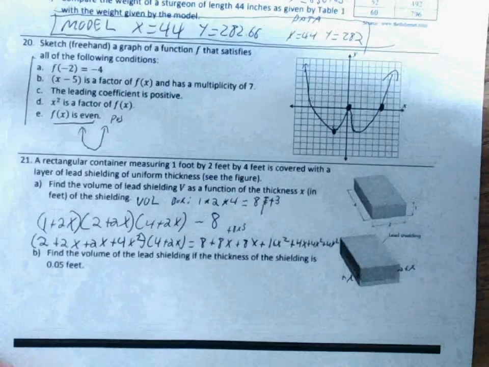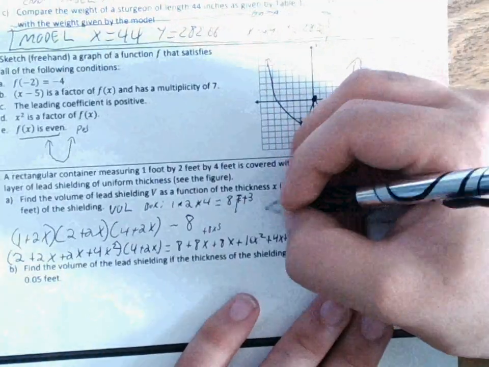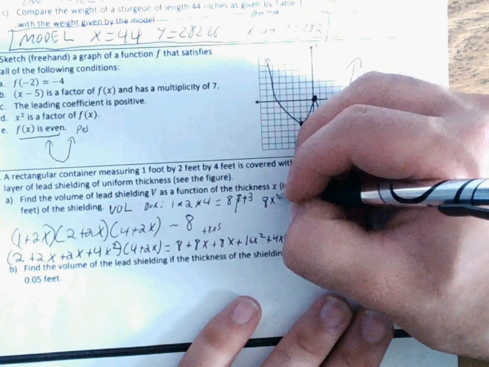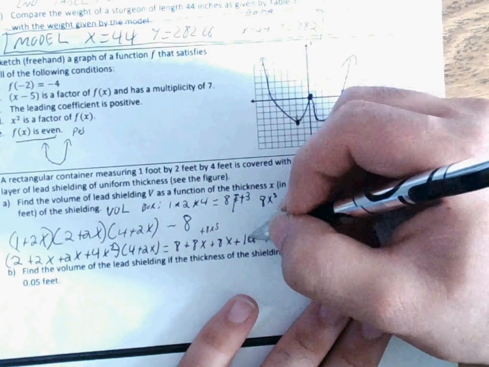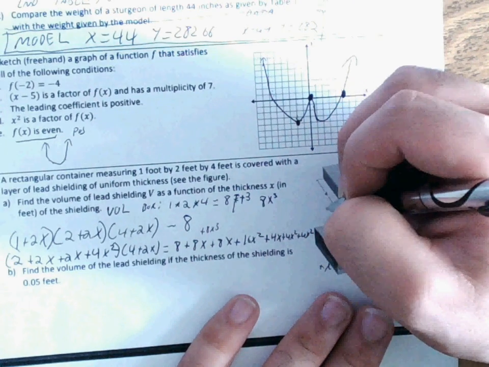Alright, so that's a lot of terms. That's ultimately going to be 8x cubed. Now we're going to look at my x squared term. So 16x squared plus 4x squared plus 4x squared is going to be 16x squared plus 8x squared.